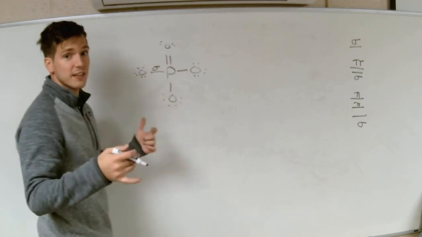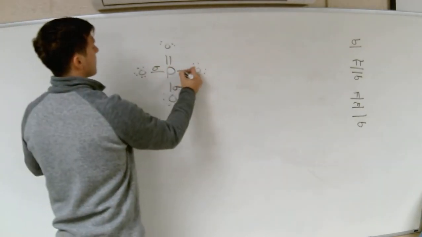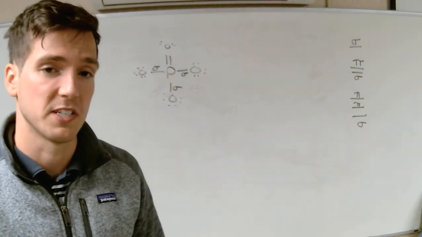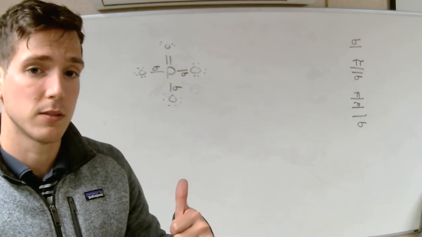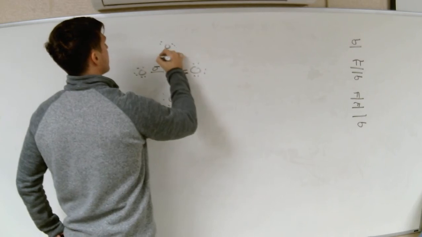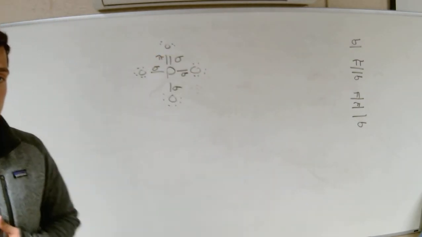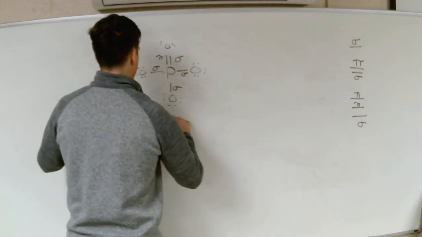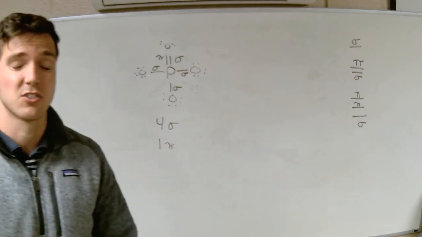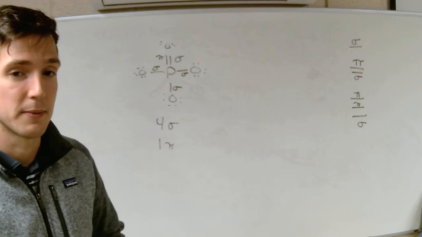In this domain, that single bond is just a sigma. In this domain, that first bond is just a sigma. Any single bond you see is always going to be a sigma bond. But that double bond up top, remember only the first one is a sigma bond, and everything after that is a pi. So in this example, we have 4 sigmas and 1 pi bond. Okay, that's usually what they ask you. How many sigma and pi bonds are in this compound or in this molecule? All right, something like that.